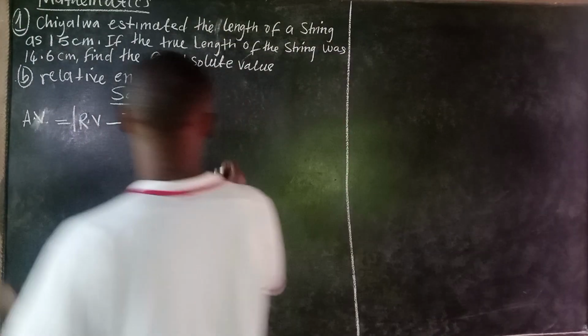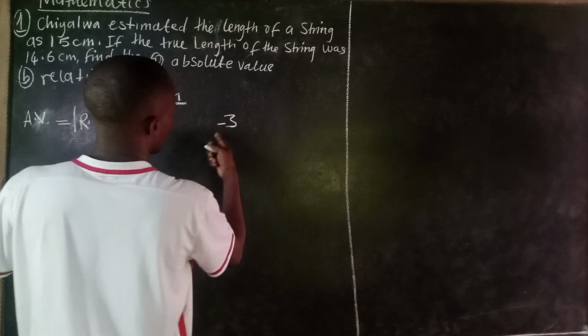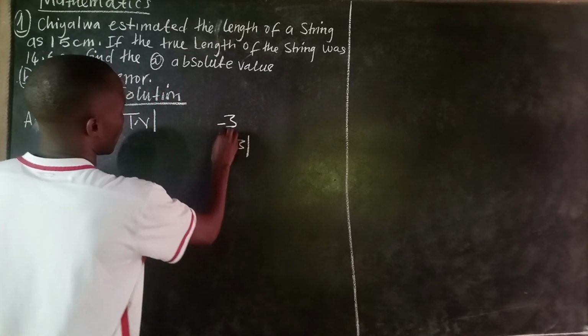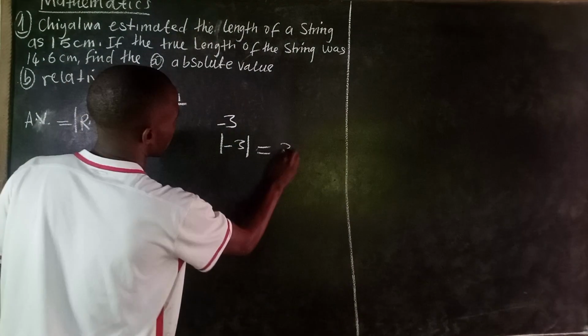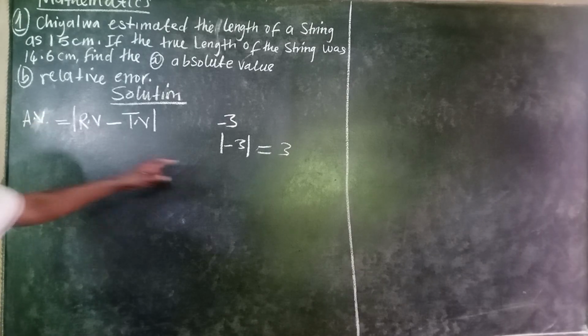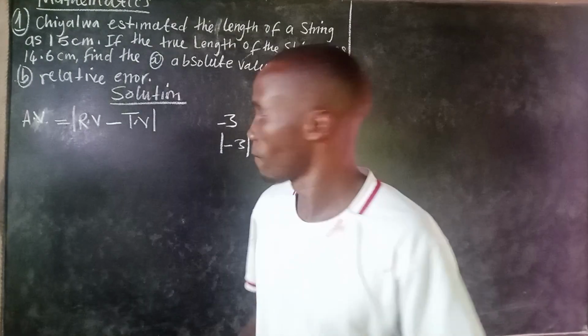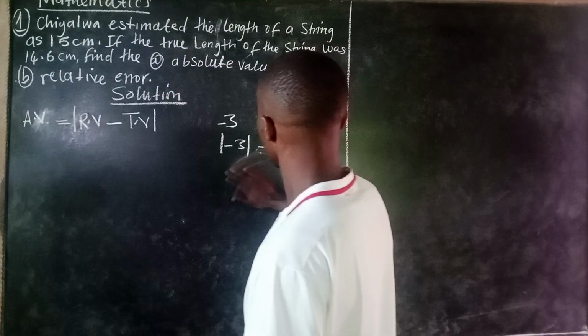What do I mean? If you have, for example, -3, when you put it in the absolute value, it will be 3. Okay, so absolute form always gives you a positive answer. Okay, that's what it means.